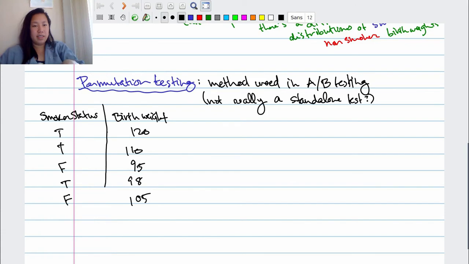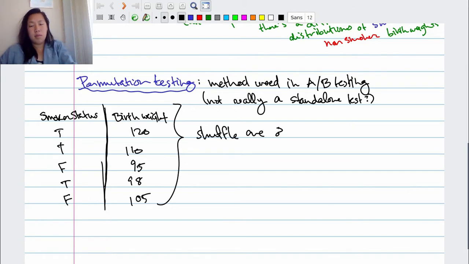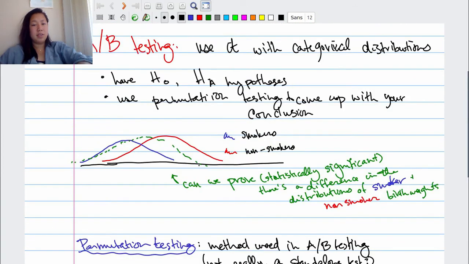If you have a table that looks like this, then permutation testing basically means that you shuffle one of the columns, because it shouldn't matter if you shuffle them if they're in the same distribution. If they're both drawn from this green distribution, that would be your null.